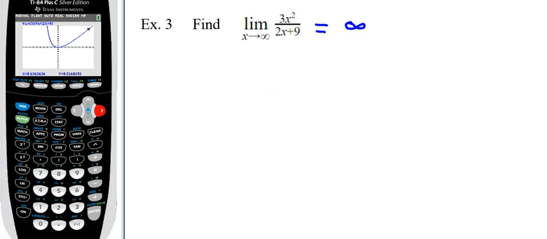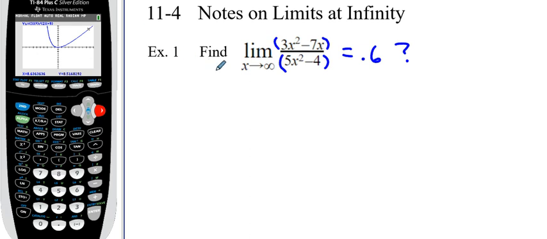Okay, let's try to make sense of this. And to make sense of this, we're going to have to think back to something we did way back in Chapter 2. In Chapter 2, we found horizontal asymptotes, and there were 3 cases. One case was, if the power on top, the greatest power, the degree on top, is the same as the greatest power or the degree on bottom, this is going to approach a horizontal asymptote at y equals a over b.